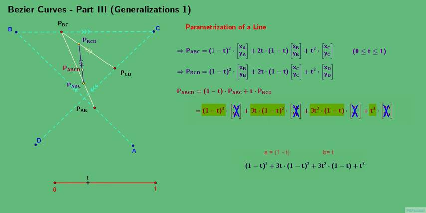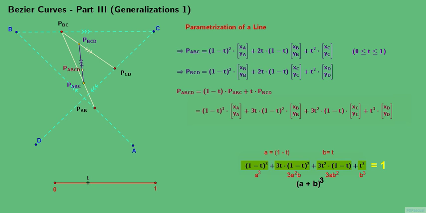If we set A to be equal to the quantity 1 minus t and B equals t, then running down the list of terms, we have A cubed for this term, 3A squared B for the next, 3AB squared for the next, and finally we have B cubed. So what we have is really just the expansion of the cube of the quantity A plus B. Now, this entire thing is actually equal to 1, but that is beside the point.